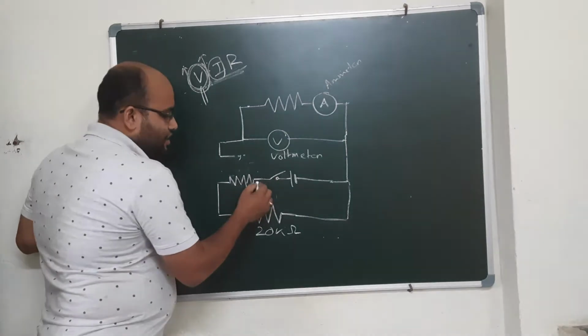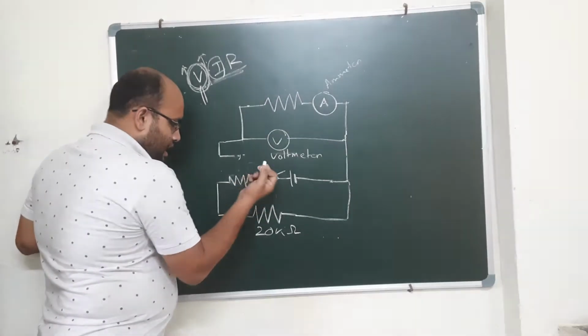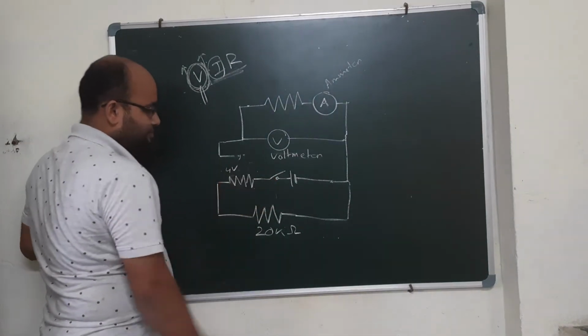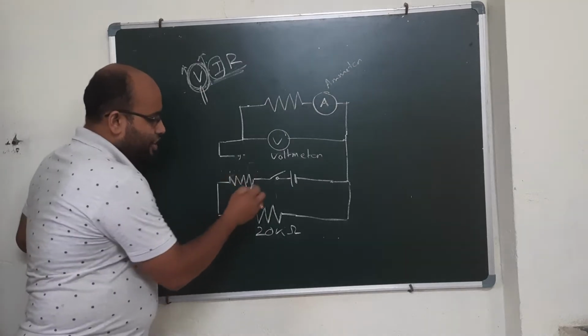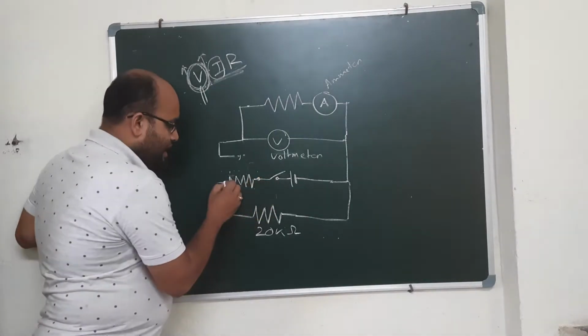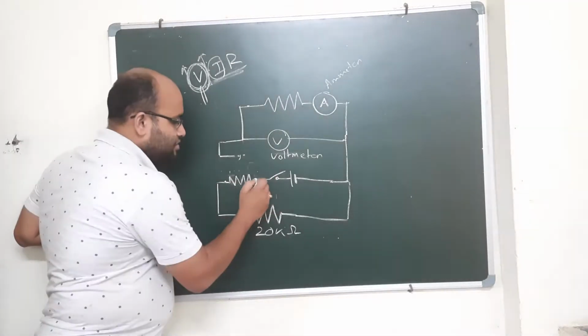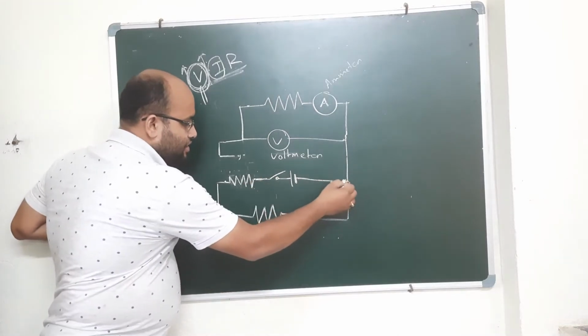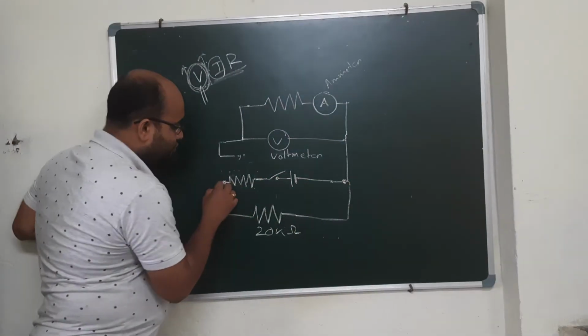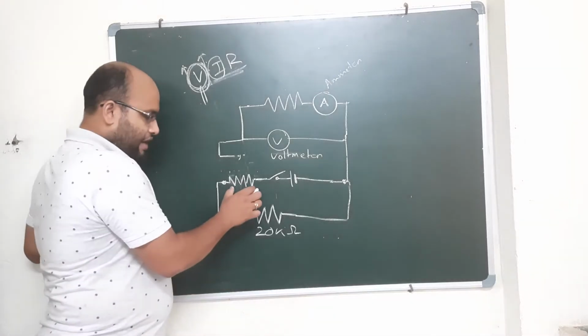Suppose I'm considering something like 4 volts over here. So the potential difference here and here will be 4 volts across this resistance.